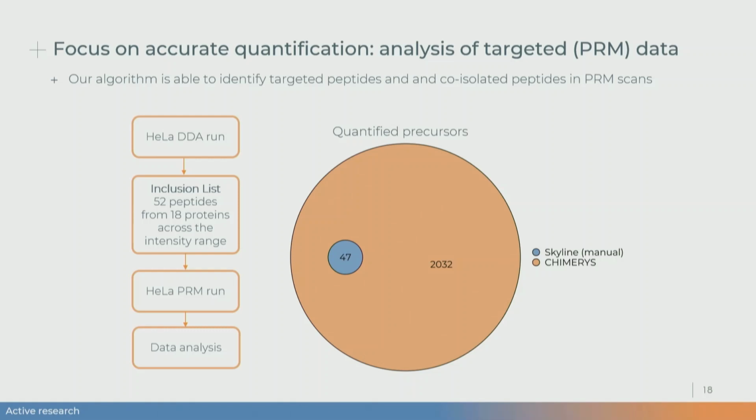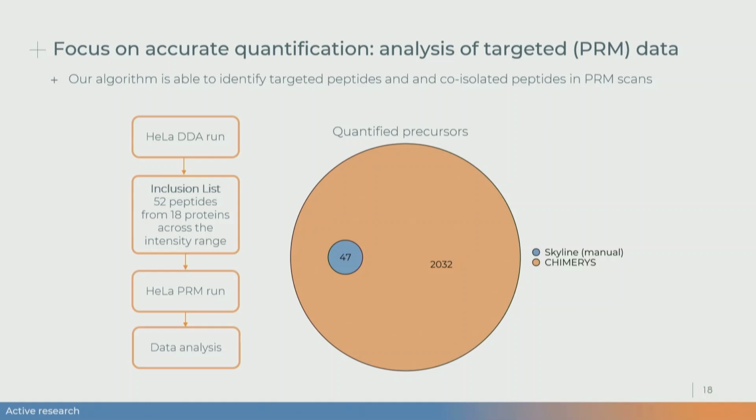We picked 52 peptides across the entire intensity range and did a PRM run on these peptides and then ran that analysis with Chimeras and manually extracted XICs with Skyline. Funny thing, Chimeras actually, in addition to those 47 targeted peptides, identifies 2,000 additional peptides, which is why you can actually do FDR in these types of analyses.